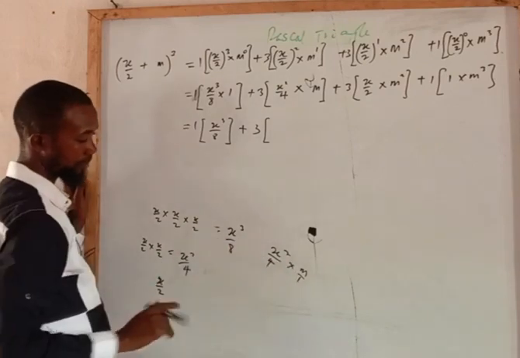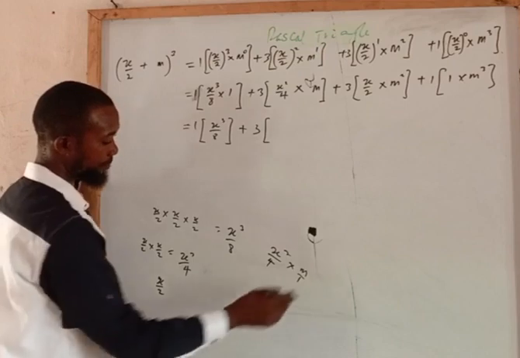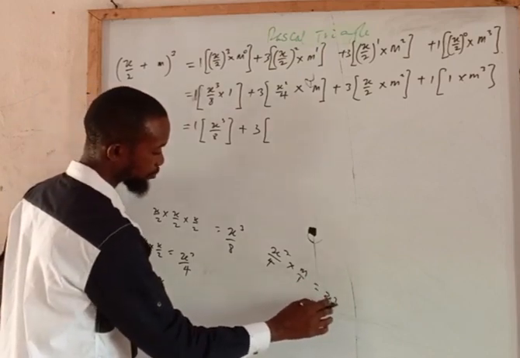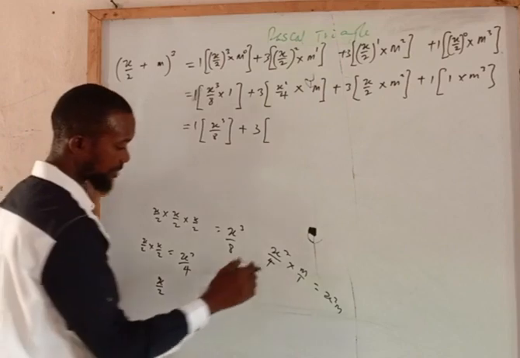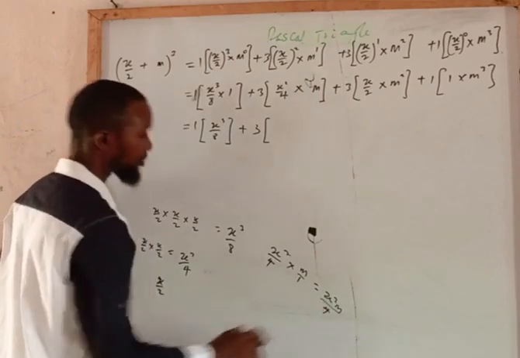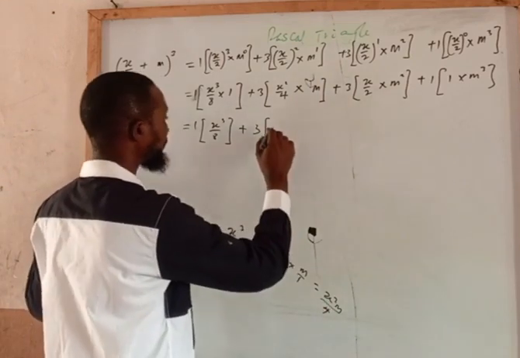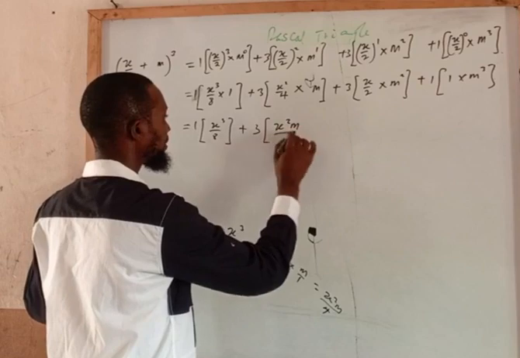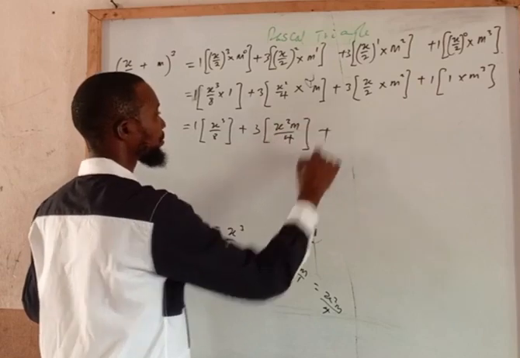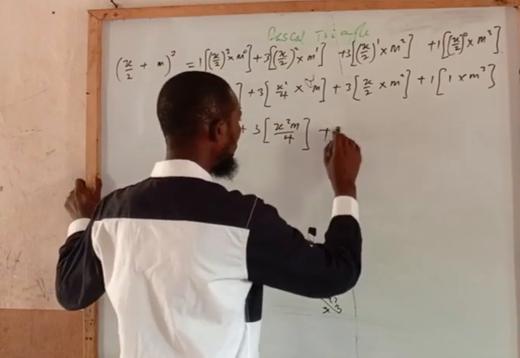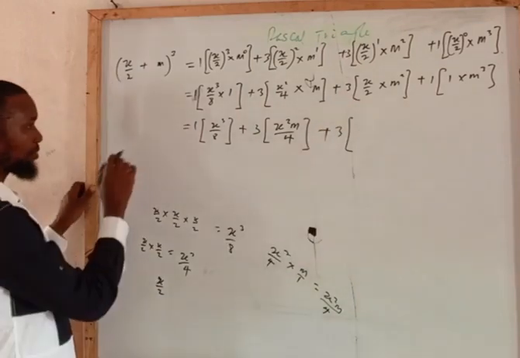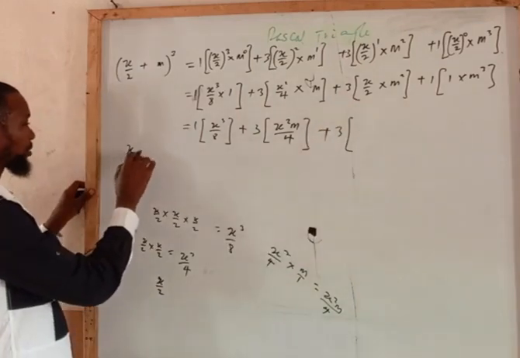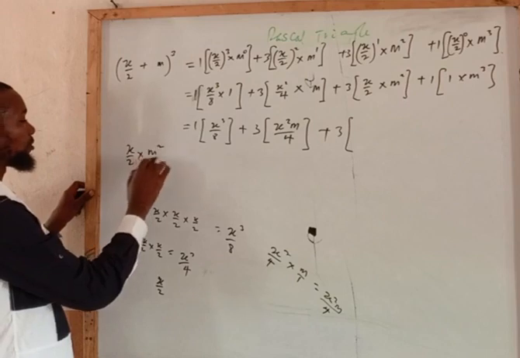Now, I can multiply x squared times m. I can write it as x squared m, or I can as well write it as m x squared. It is the same thing. Then 4 times 1 here gives 4. So here I have x squared m over 4. Then plus 3 into x over 2 times m squared. That one can be written as x over 2 times m squared over 1.